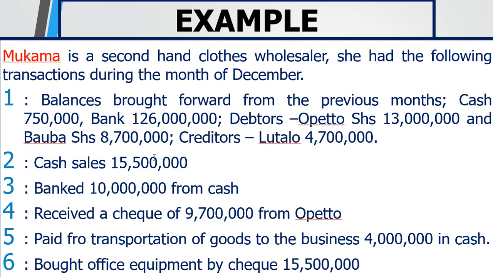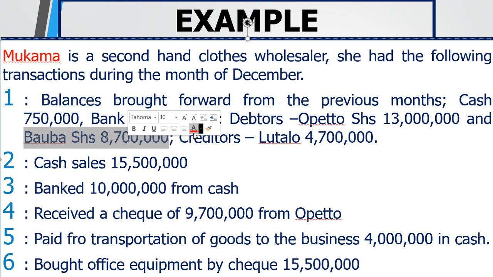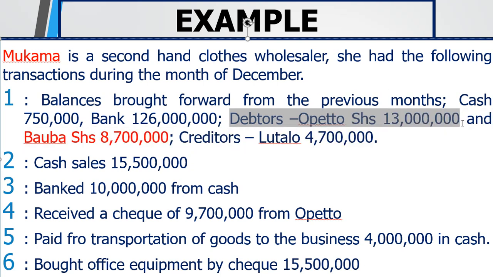Then Bauba also is a debtor. These ones won't let me actually highlight them. Let me paint them red such that you will see which one is to affect the cash book and which one will not affect the cash book.